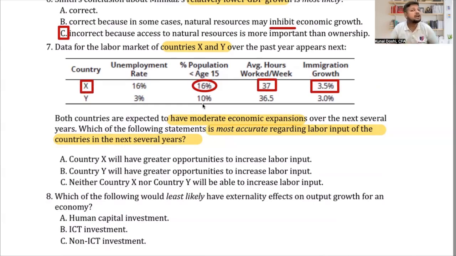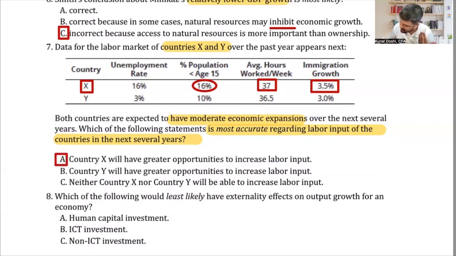Unemployment rate is very low, so inflation is a concern. So country X will have greater opportunities to increase labor, correct? Country Y will have neither. So what will be the answer, everyone? Because of younger population and high immigration growth rate, which country will have a much higher growth rate?